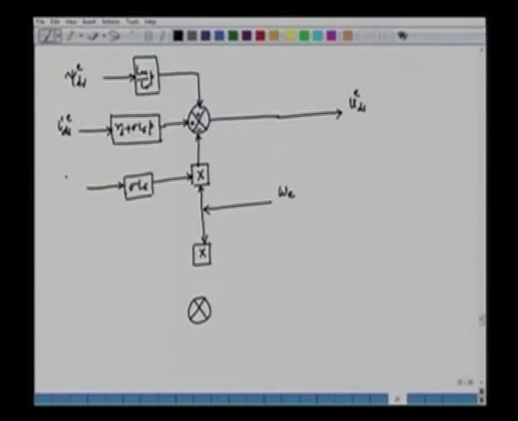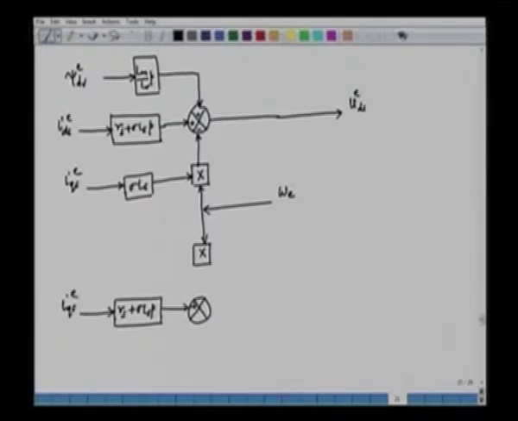Then what we have here is IQS. As we have in the d axis, similarly we can have in the q axis. Here this is for the q axis, Rs plus sigma LSP, and this is our IQS.